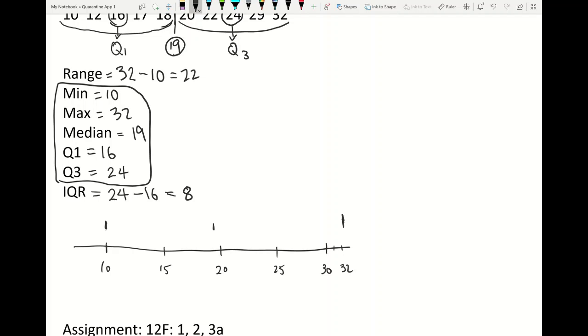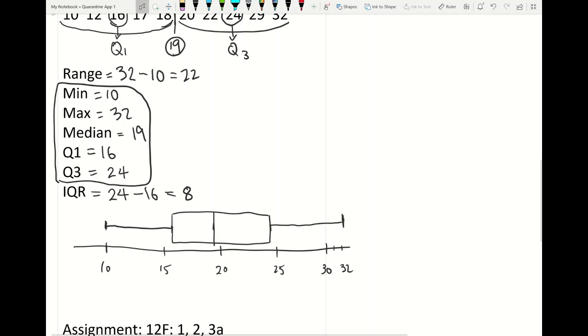Then Q1 is 16. And Q3 is 24. It's a little sloppy there, but that's the box and whisker plot.